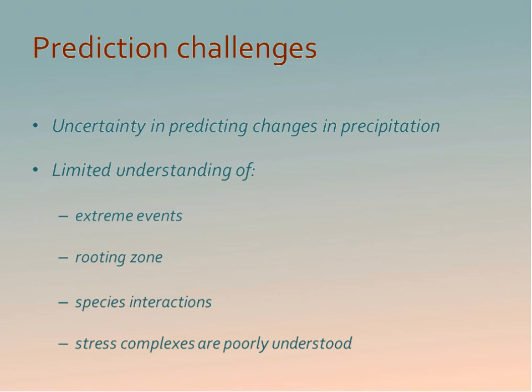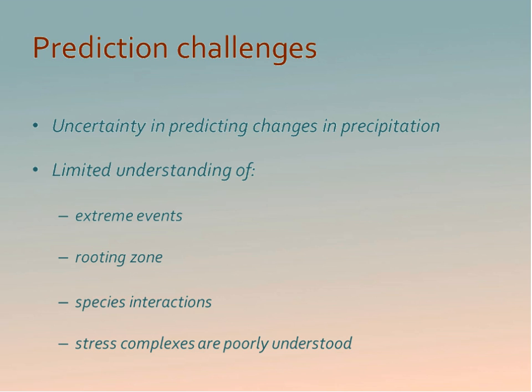I mentioned interactions, species interactions, and also these combinations of variables that affect forests. We've learned a lot about many of these variables individually and primarily at the scale of individual trees.